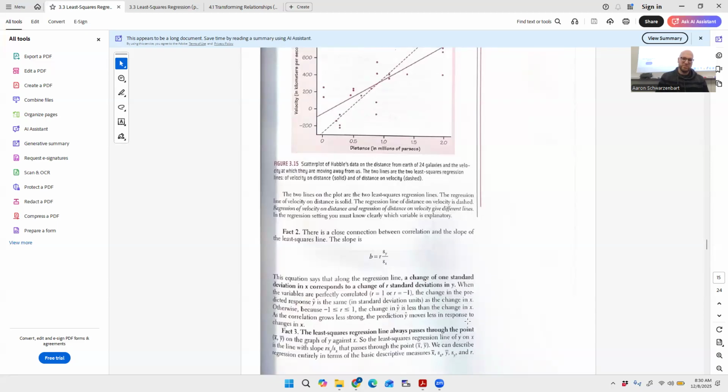Fact 3, this one's important. The least squares regression line always passes through the point x bar, y bar. That's involved in the a value, or the y-intercept.